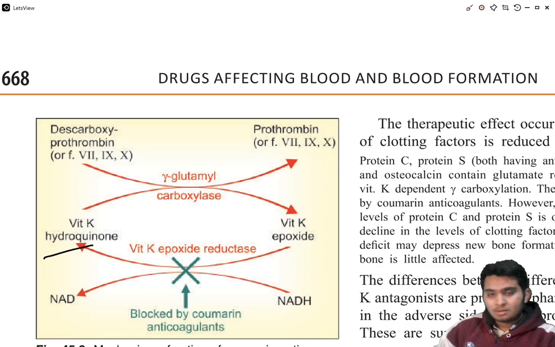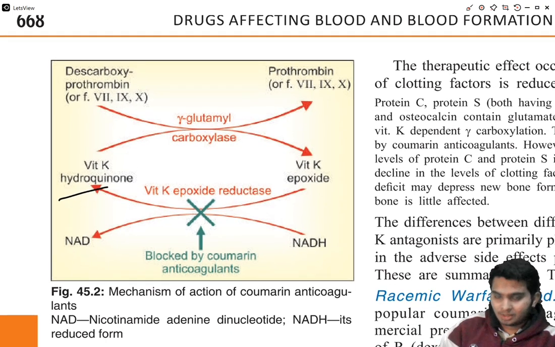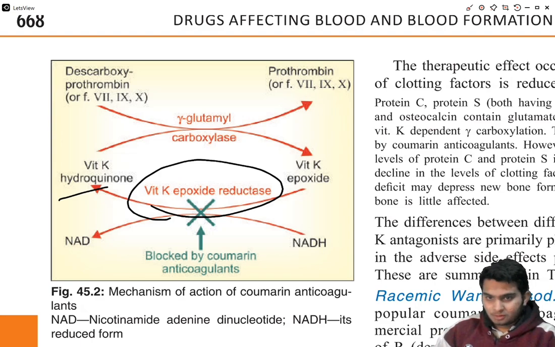In the process it is converted to vitamin K epoxide, and vitamin K epoxide is converted back to vitamin K hydroquinone, which is needed for clotting, by vitamin K epoxide reductase. So warfarin basically inhibits this enzyme. So vitamin K hydroquinone, the reduced form of vitamin K, is not available for carboxylation. So this is the mechanism of warfarin.